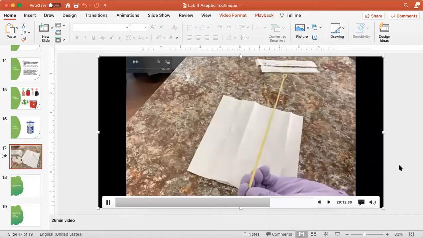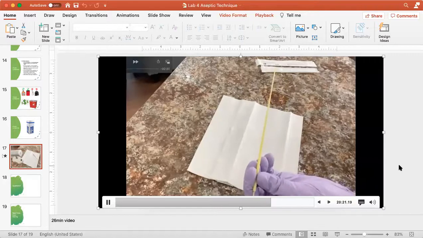Now, some people don't like these single-use inoculating loops. They are not nearly as flexible as a wire loop. And obviously, they're a single-use plastic item. So you can imagine that when they're being used in a busy microbiology lab, hundreds of them are being used every day and discarded into the landfill.